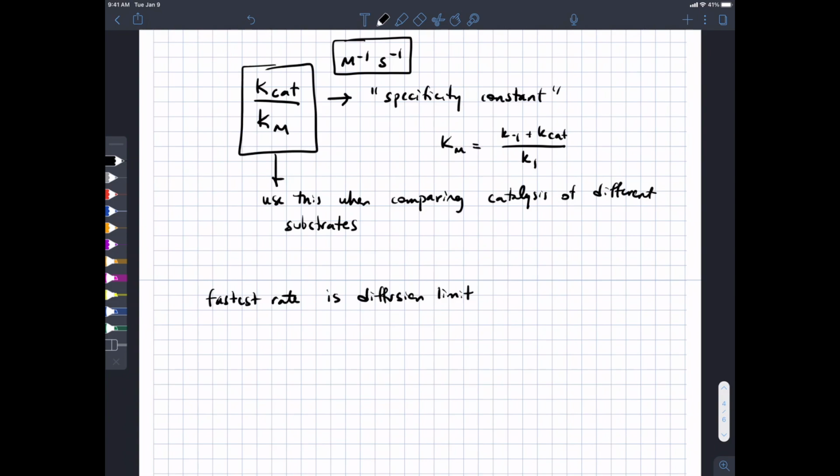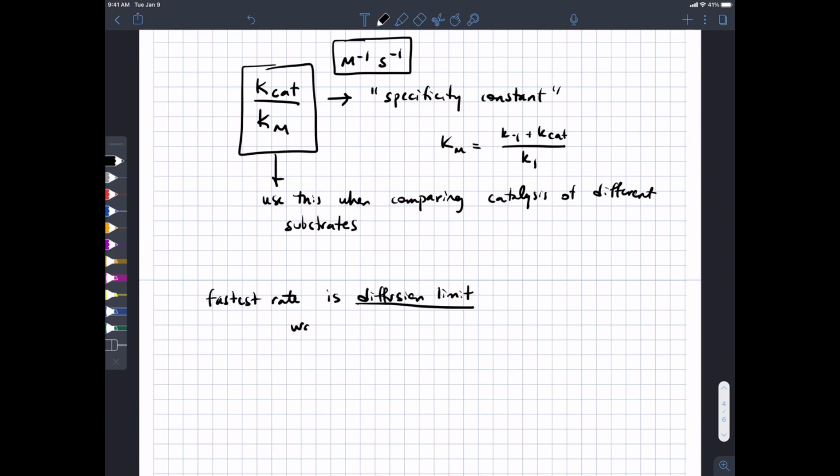You know how in physics you have the speed of light, which is the speed limit. The diffusion limit is how fast molecules can find each other in water. You can't go any faster than that, right? Even if your enzyme could operate faster than that, it doesn't do any good, because then diffusion is your rate limiting step. We're talking about how fast the enzyme and the substrate can find each other.